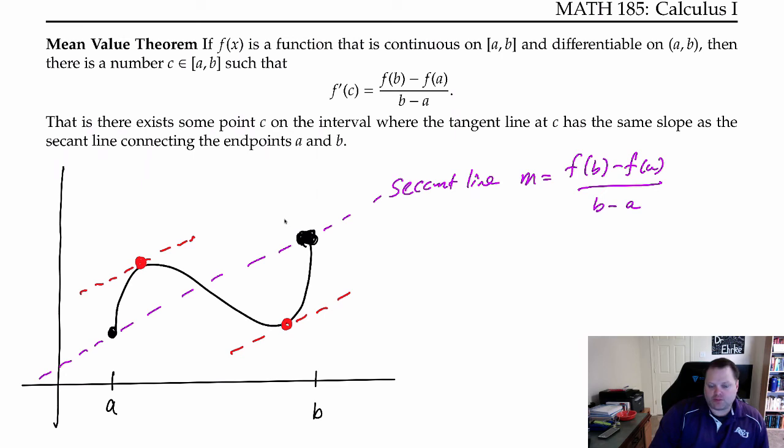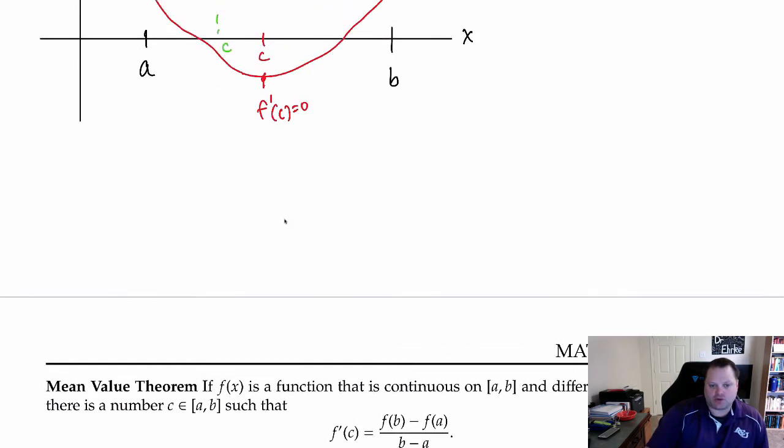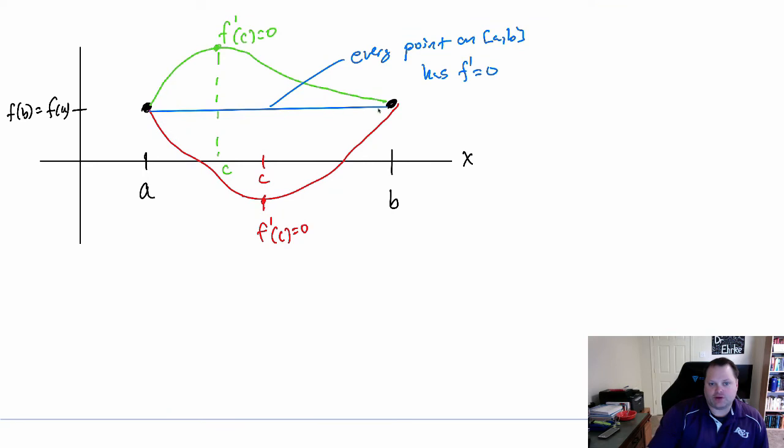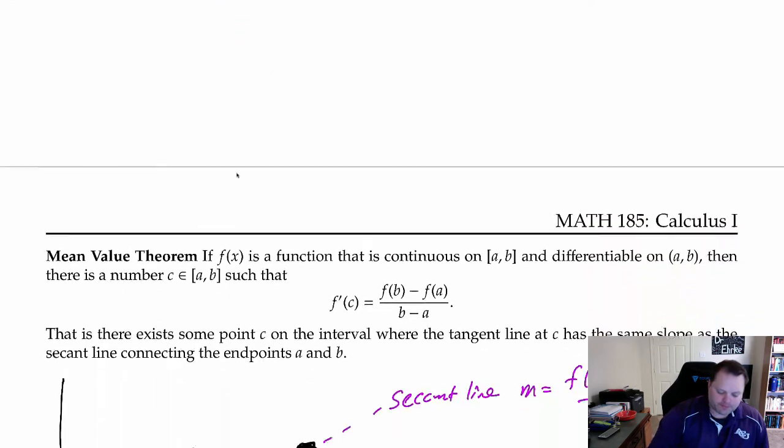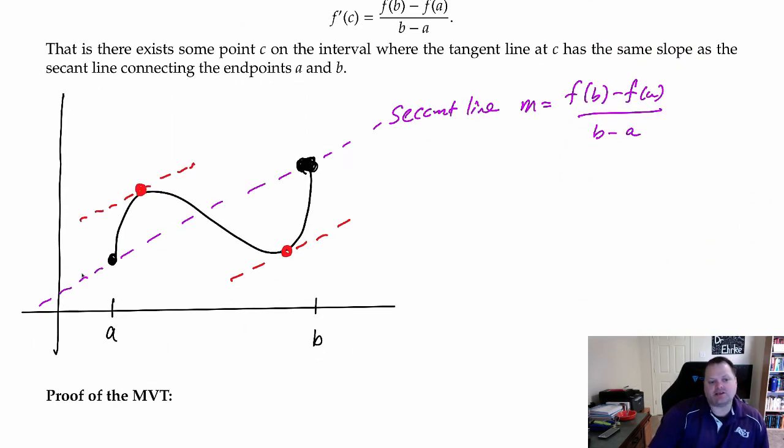Rolle's theorem, the horizontal line in Rolle's theorem, has slope 0, and it causes the maximum and the minimum here to also have slope 0. In other words, all three of these match. What you can see here is that whatever the secant line is here, if we apply Rolle's theorem, this point and this point, since all of them got tilted by the same degree, the slopes of these two lines must be the same as the slope of this line.